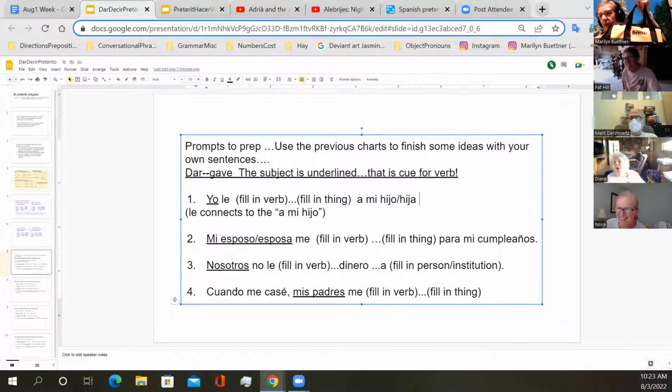Mi esposo me dio herramientas, tools, herramientas para mi cumpleaños. Mi esposo es una persona muy práctica. He's a very practical person. Mi esposo me dio herramientas para mi cumpleaños.